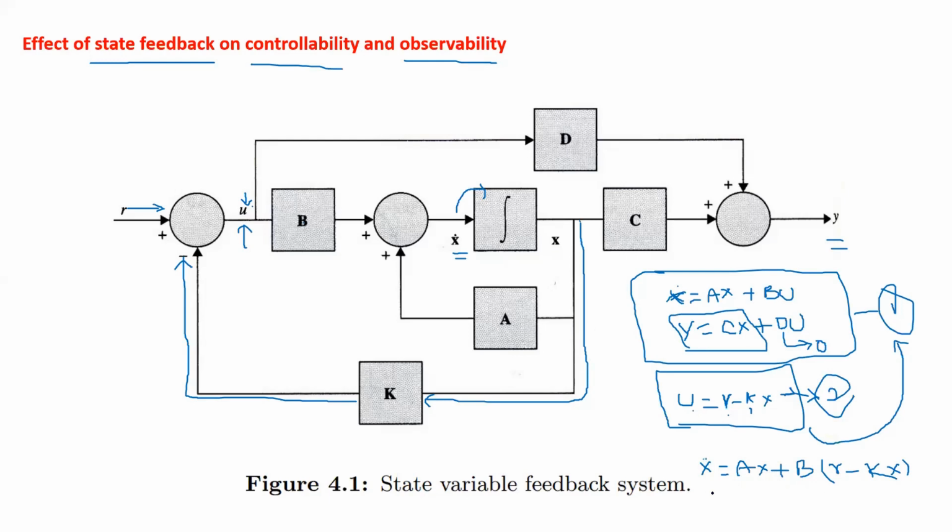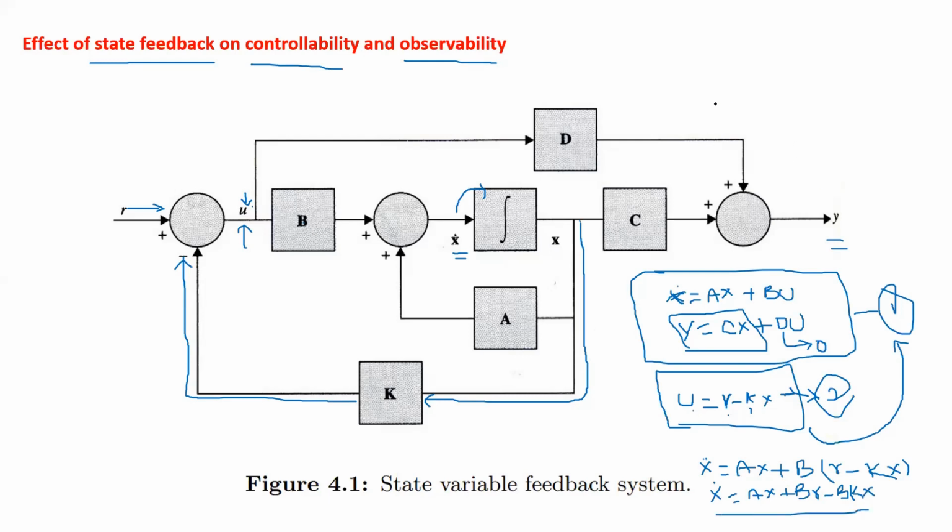Therefore, by simplifying this, X dot is equal to AX plus B multiplied with R minus K into X, that is B into K into X. Now simplify this.